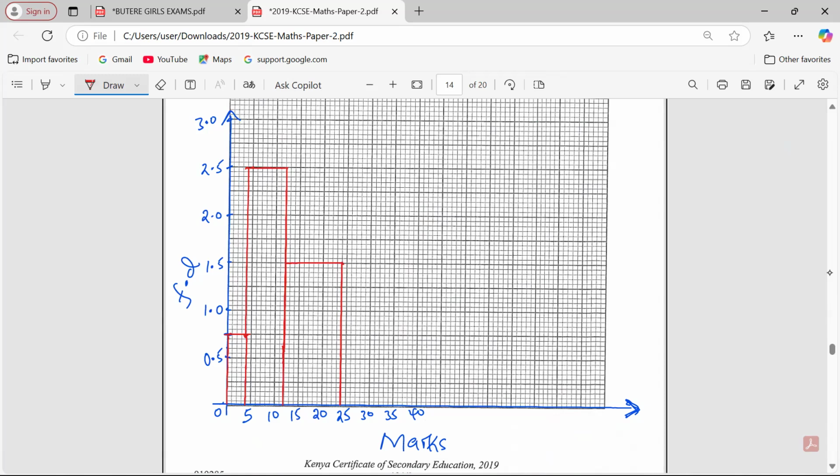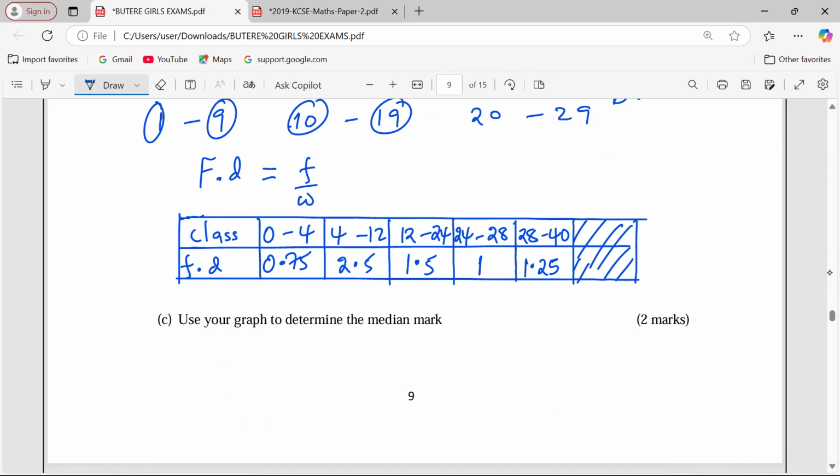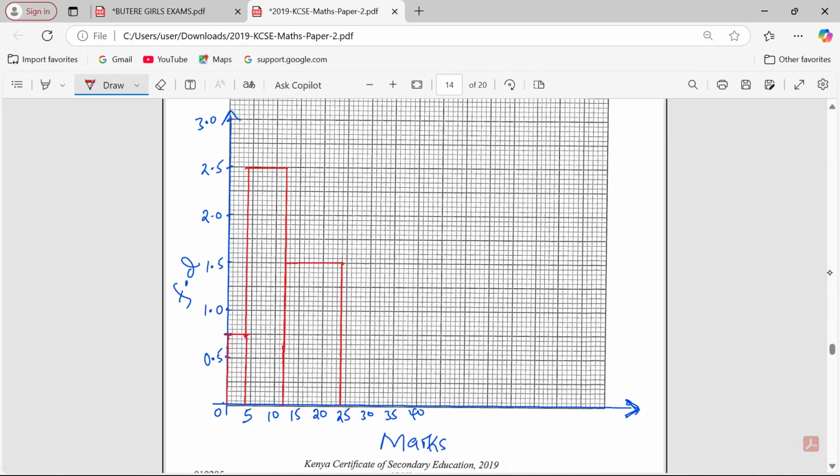Then after that, we will talk about from 24 to 28, and the height is 1. 28 is just somewhere here, and the height is 1 unit.